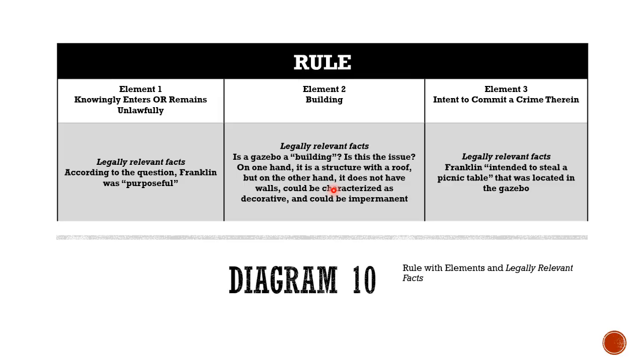We're trying to come to that conclusion by the time we're finished with this kind of analysis. On one hand, a gazebo is a structure with a roof, but on the other hand, it doesn't have walls, and as such, could it be characterized as just decorative, or could it be an impermanent structure that may not be considered a building?